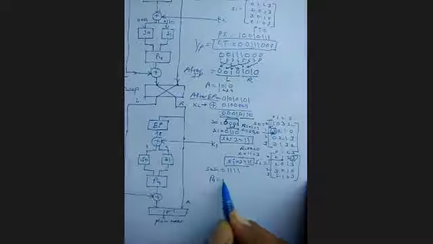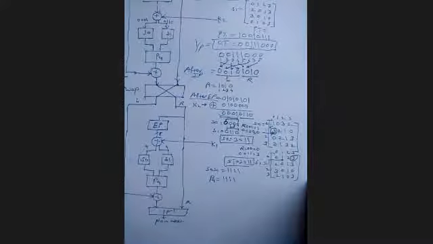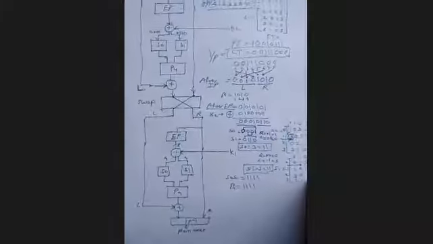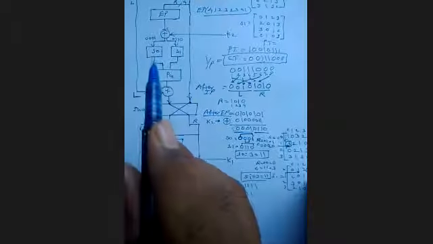P4 is equal to 1 1 1 1, a 4-digit number. Now here I am adding the left side. This is the L values coming and this is the R value coming. So the L value is coming from the top.